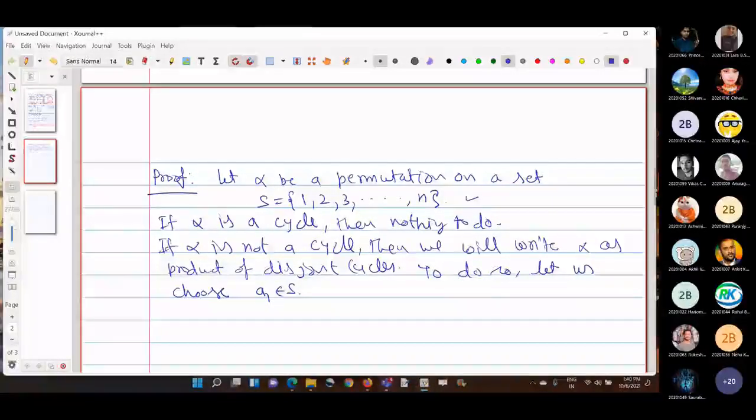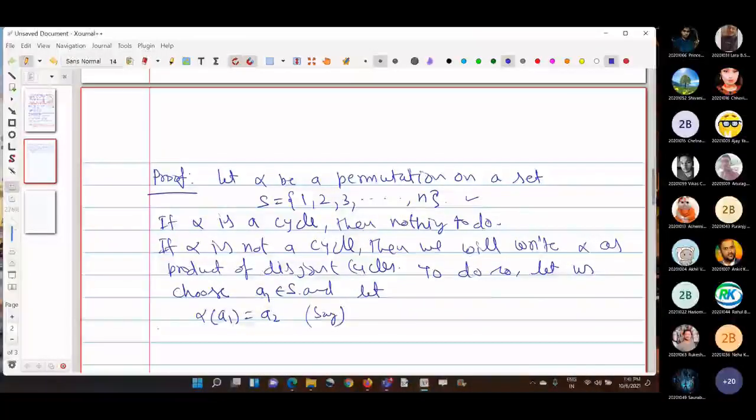Because A1 is from the set S and alpha is a permutation, alpha will be sending A1 to another element of S. So we can write alpha of A1 equals A2, say, and this A2 may be anything, 1, 2, 3, 4, 5 up to n.